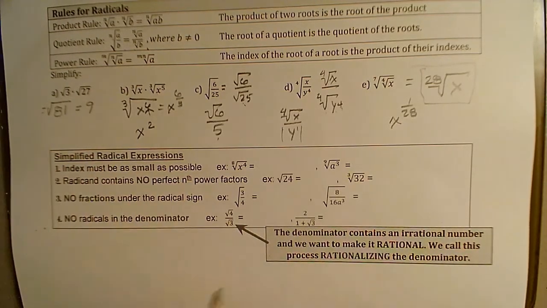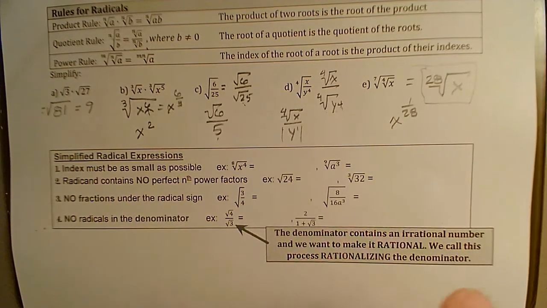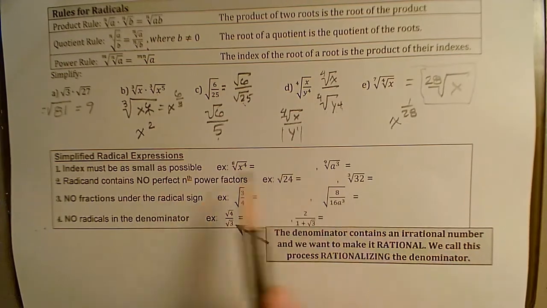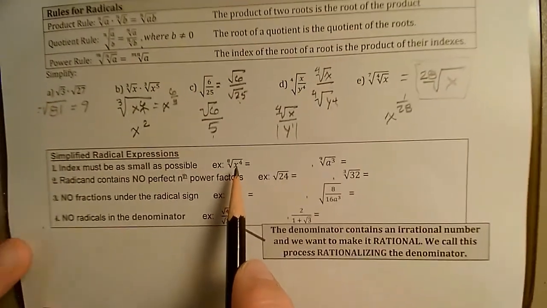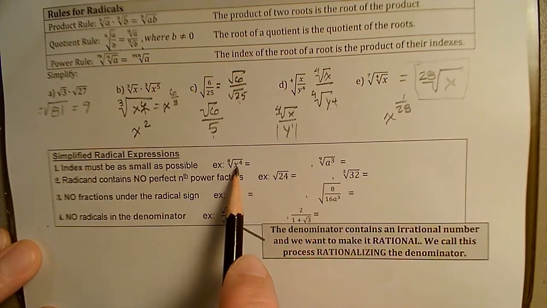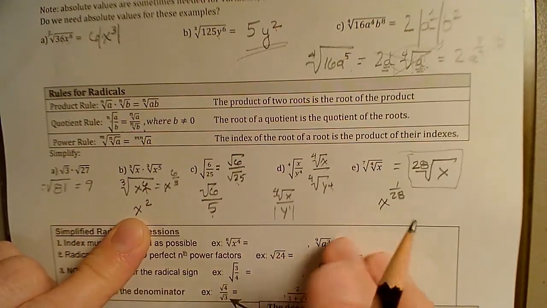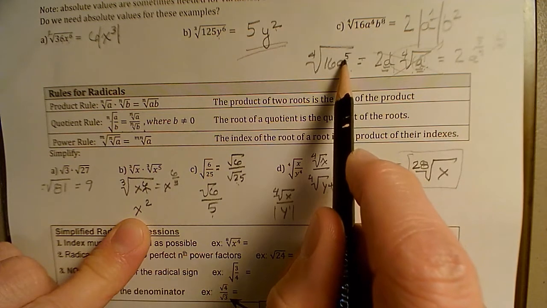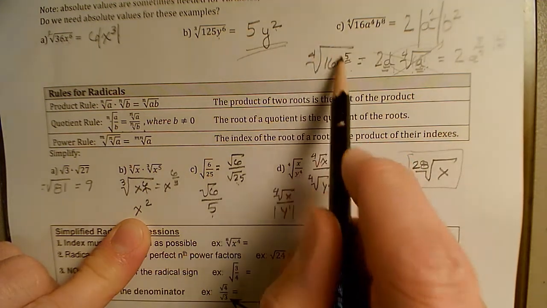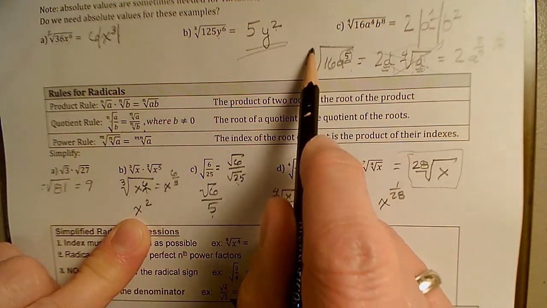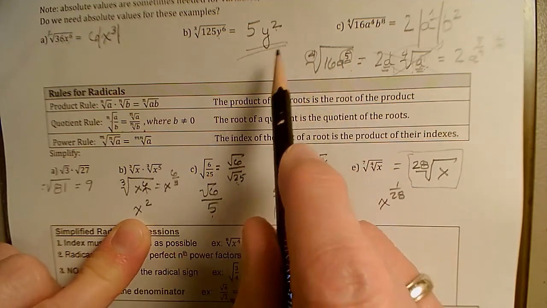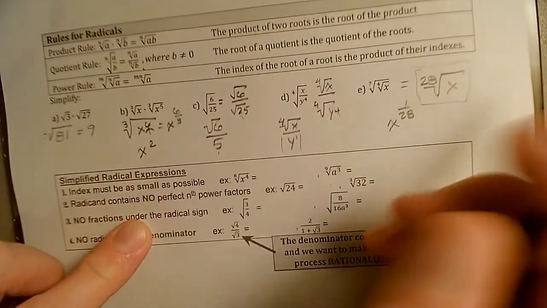There's 4 things that you need to be concerned about when we're asking you to simplify radicals. So the first one is the index must be made as small as possible. So I just said before, whenever the value on the exponent under a radical sign is bigger than the index, I know that there can be some that come out.